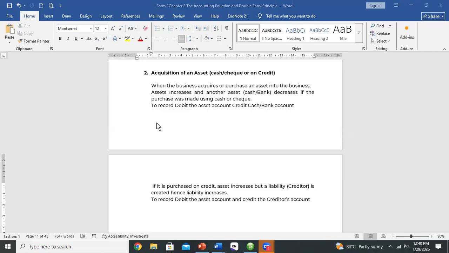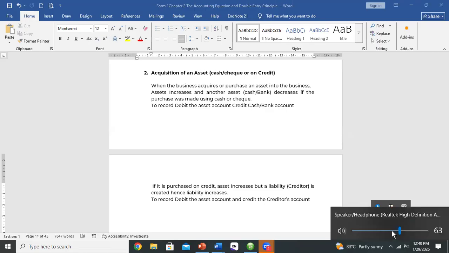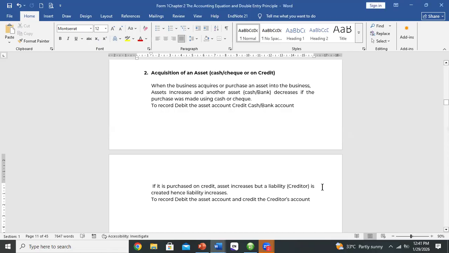Acquisition of an asset (cash/check or on credit). When the business acquires or purchases an asset, assets increase, and another asset (cash/bank) decreases if the purchase was made using cash or check.